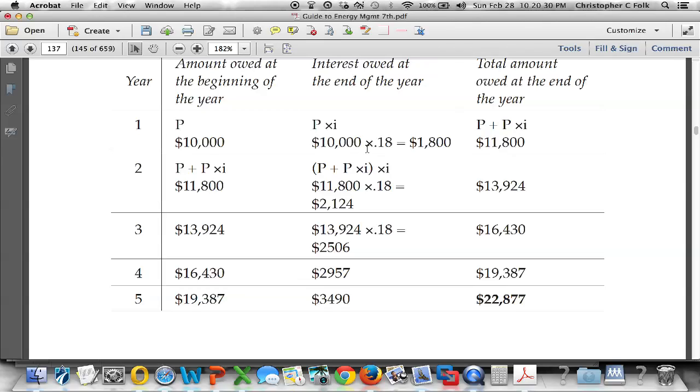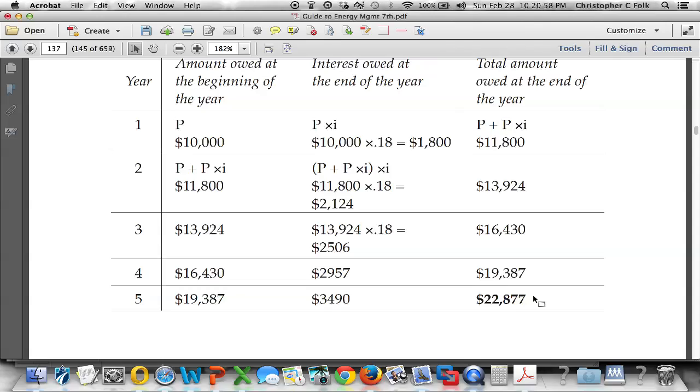So now that $10,000 turns into $11,800. That becomes the amount owed at the beginning of the next year, right? And so now we're going to multiply 18% times the $11,800. And you can see how this is going to grow. And so at the end of 5 years now, the interest, just the interest, is $22,877.